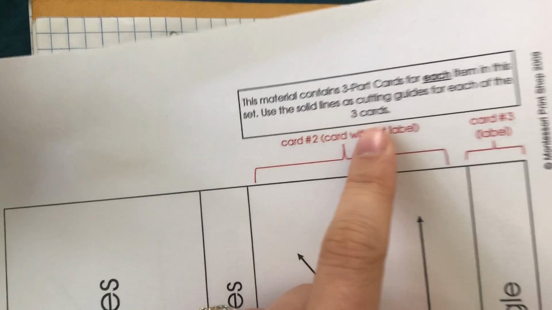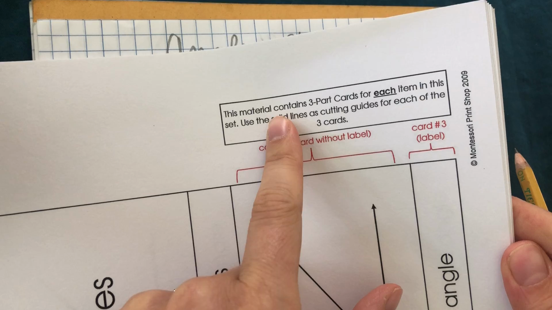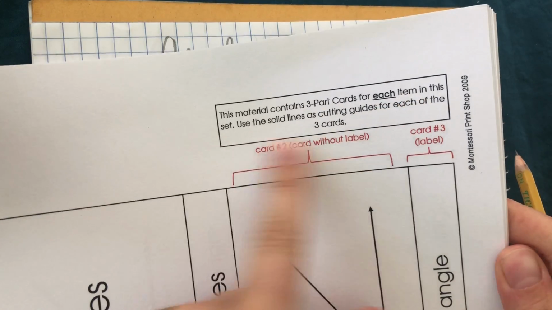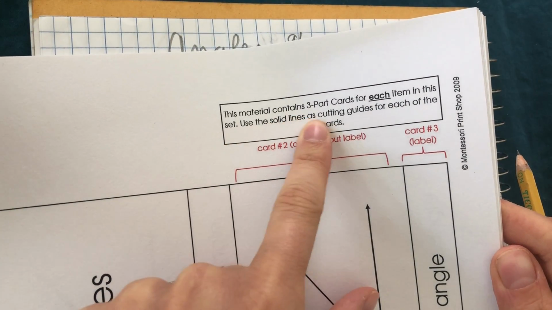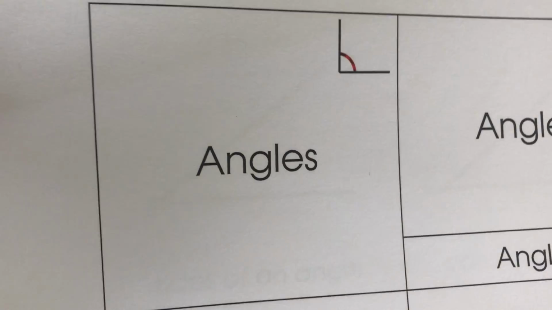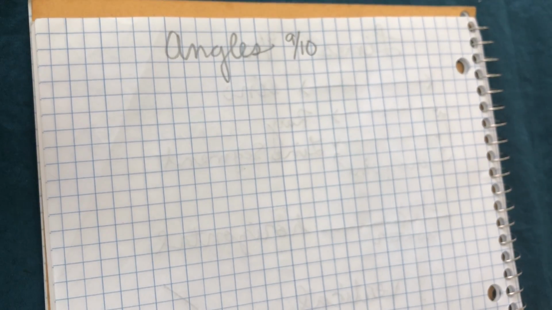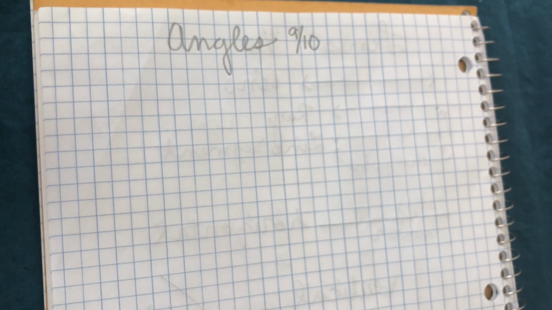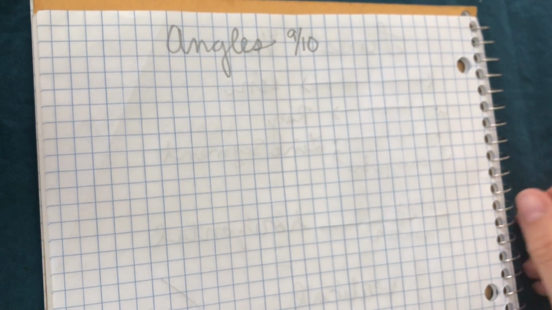On the directions, it says right here, this material contains 3-part cards for each item in the set. Use the solid lines as cutting guides for each of the 3 cards. So, use the thick black lines as cutting lines, okay? Those will be helpful with practicing to help you memorize what the different types of angles are.